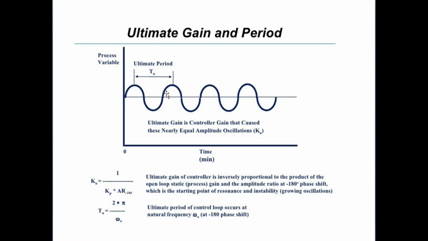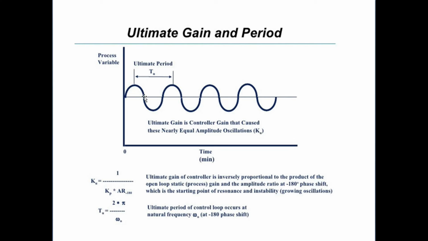And ultimate time period is nothing but the time required for one full cycle. Suppose you can measure from this point to this, or else you can take it from peak to peak value also, as the output is having equal amplitude.